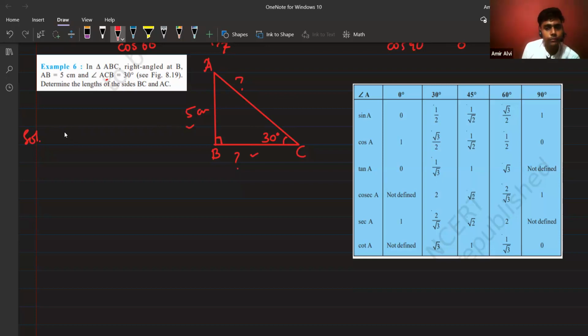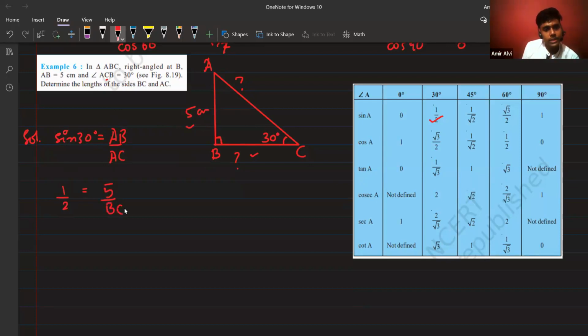So let's write first. Sine 30 will be equal to AB upon AC. What is the value of sine 30? 1 by 2. What is the value of AB? 5.